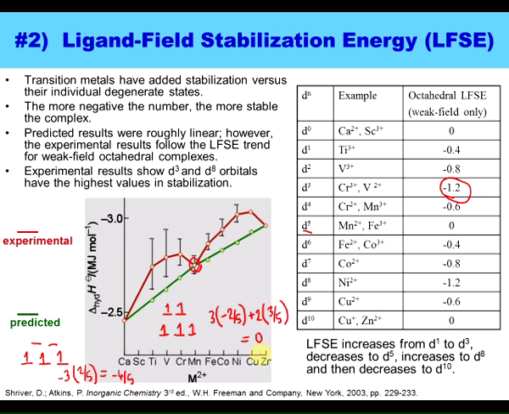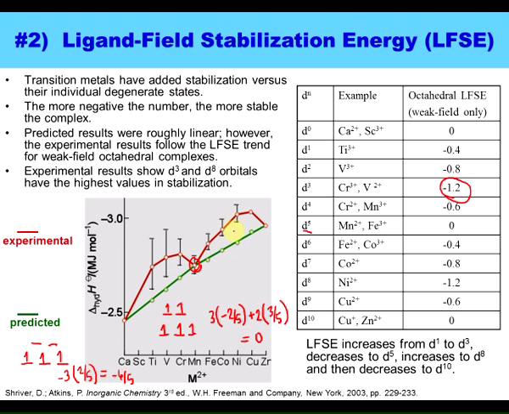So notice that when we have no ligand field stabilization energy, the predicted value and the experimental value are the same. So this deviation from this trend, this extra stability, so this more negative delta H value, we can attribute to the increased ligand field stabilization energy.